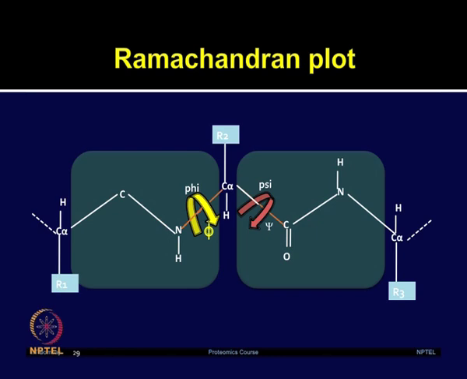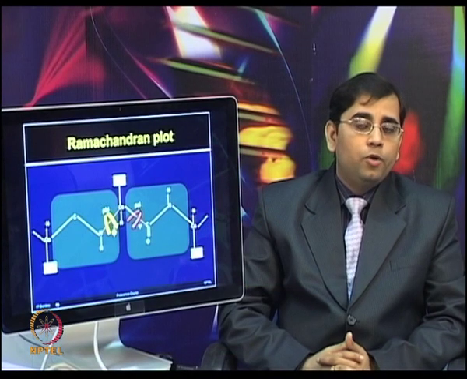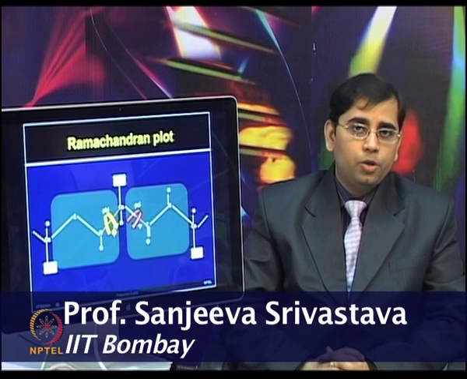All the combinations of phi and psi angles are not possible. So, the allowed combinations can be viewed on a 2D plot, which is known as the Ramachandran plot or Ramachandran diagram. There could be many possible combinations, but not all are allowed because of steric hindrances and collisions between the various atoms.